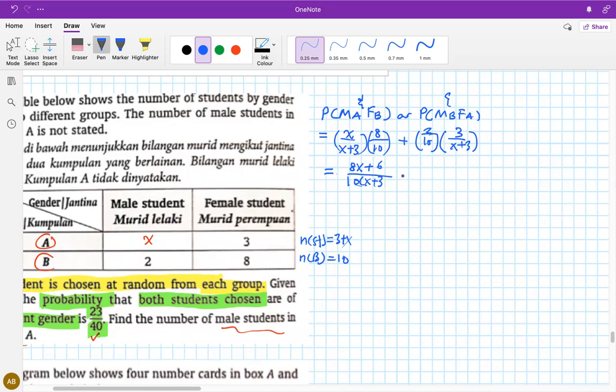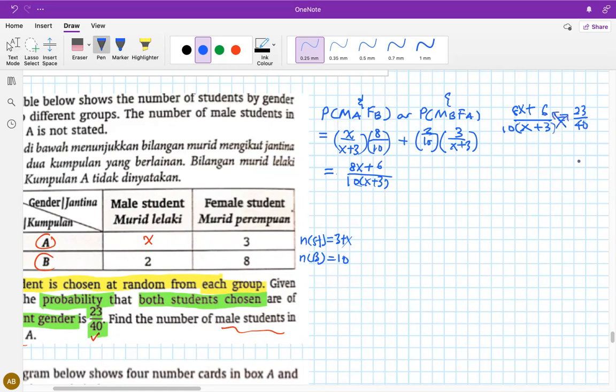Then we equate it with 23/40. Okay, so we do cross multiplication.